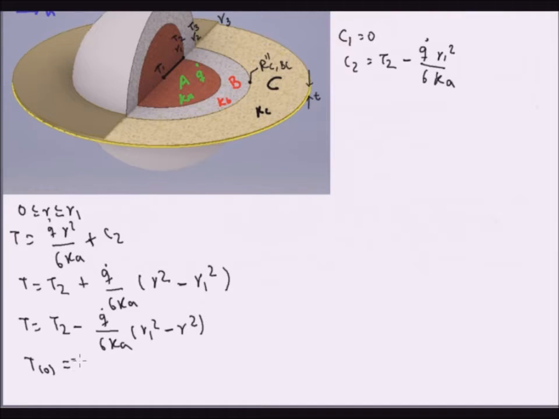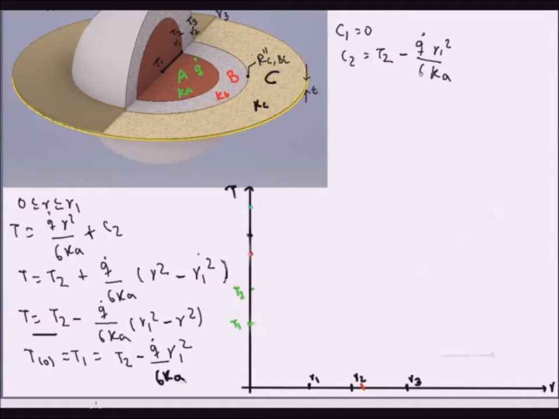So T1 equals T2 minus Q over 6KA times R1 squared. So this is basically the temperature we were looking for, the coolest temperature, and the temperature of the surrounding air is included in T2, which we solved for in our first question.